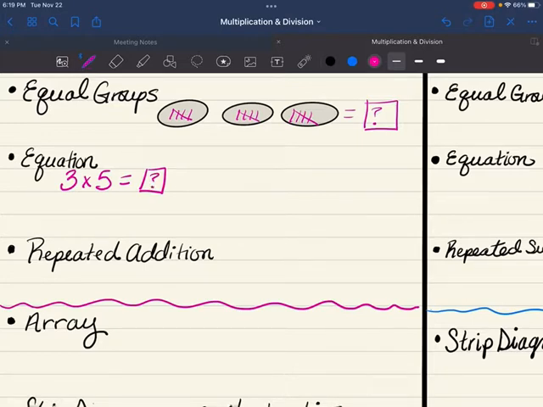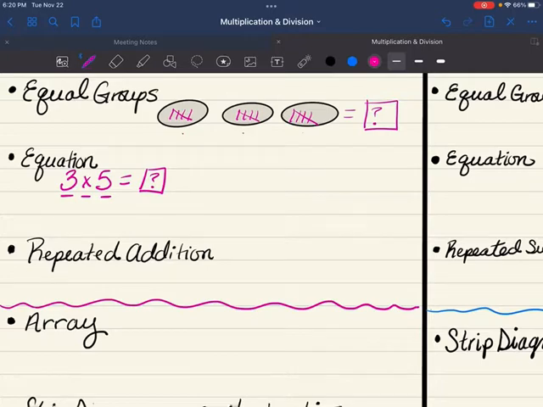Now, this is a perfect way to represent the problem, and it's perfectly fine, but this is a little more advanced if you've already, for example, done your equal groups. Because now I can look at my equal groups and say 3 groups of 5. So when we read this problem, we say 3 groups of 5.